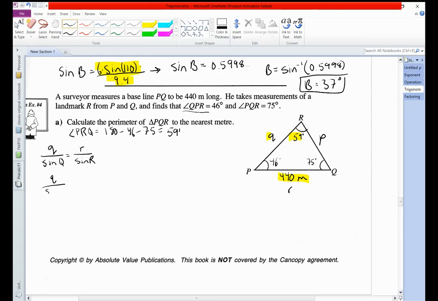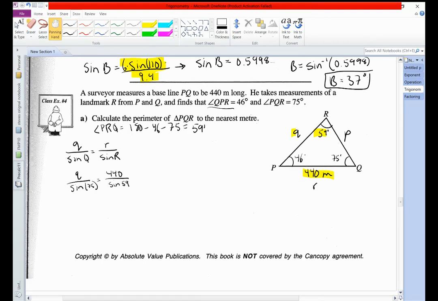Now we can plug in what we know. Little q divided by sine of 75 is equal to, little r is 440, over sine of 59. We can multiply both sides by sine of 75, so that those cancel out on that side.